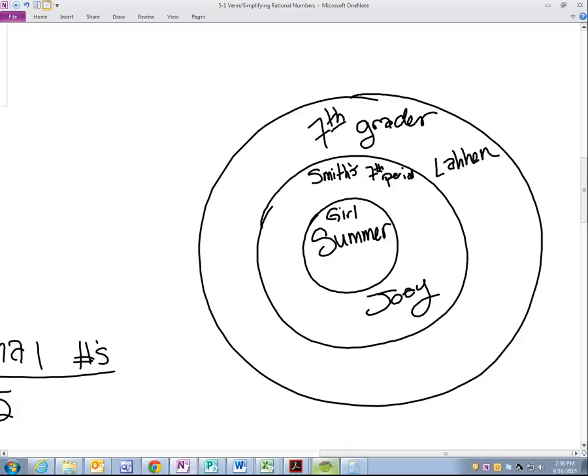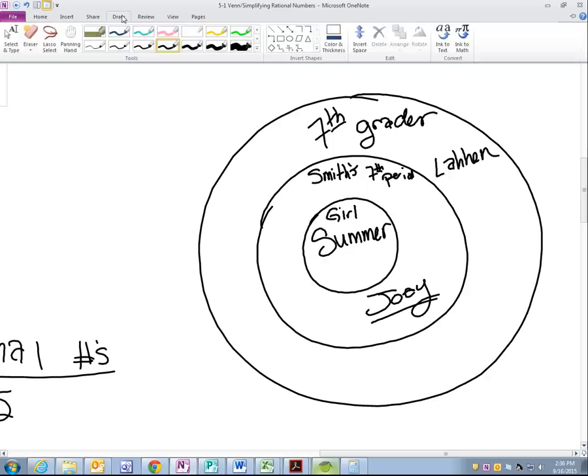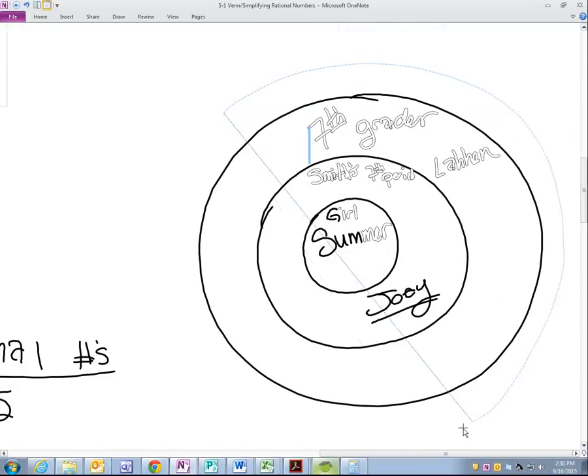Okay, fine, as long as it's not making fun of him. So we have Laheen, who's a 7th grader. He fits that, but he's not in my 7th period, and he's not a girl. But Summer matches all of these, and that's how that works. That's what the Venn diagram looks like. So if I wanted to take some of these out, Joey gets kicked out of that inner circle because you're not a girl.